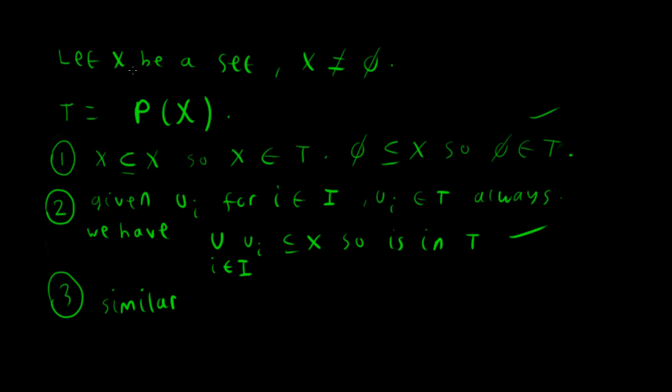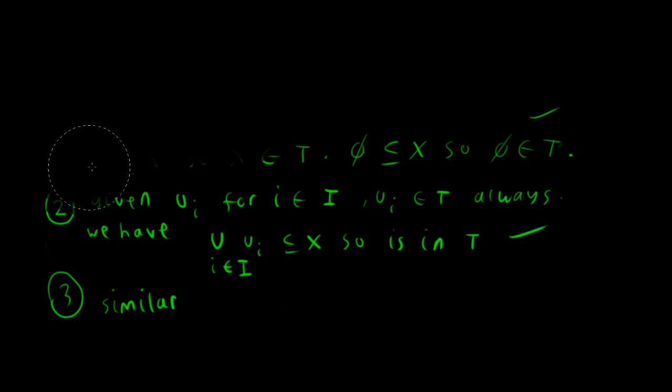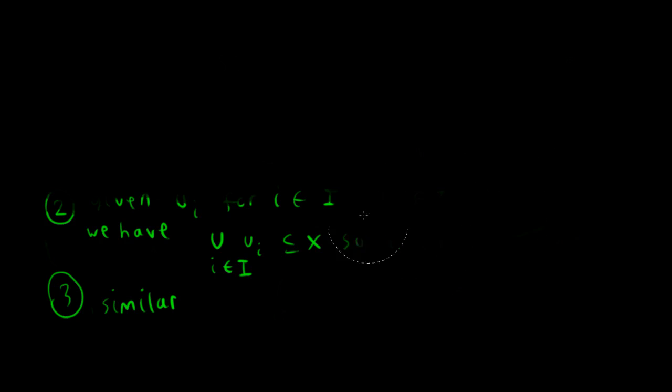Okay, so I've given you a couple of examples. What else should we go over? Well, it's important to remember there are quite a lot of topological spaces. So a set X can have many different topologies. Let X be a set, X not empty again.